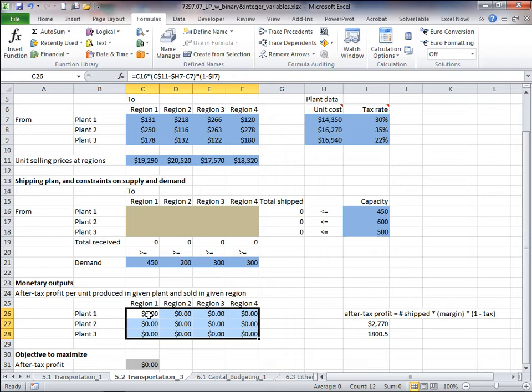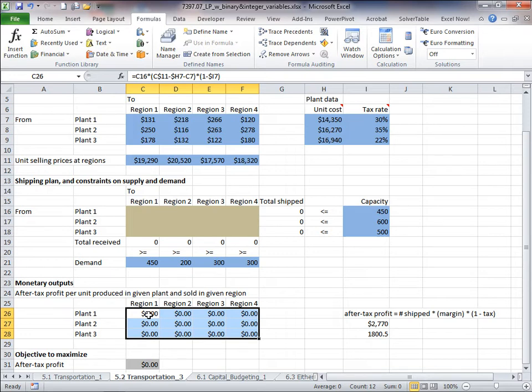So one thing you can never, ever afford to assume is that the spreadsheet calculations are correct. You always want to make sure you go back and audit the spreadsheet to see whether or not something has changed. And that's why we go through all of the trouble of using developer tools and drop-down boxes and list boxes and things like that to help us avoid errors in spreadsheet model development.